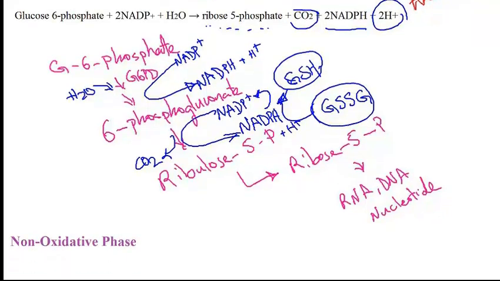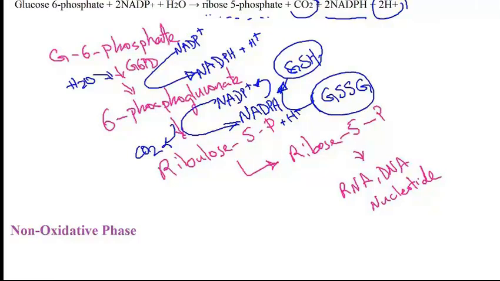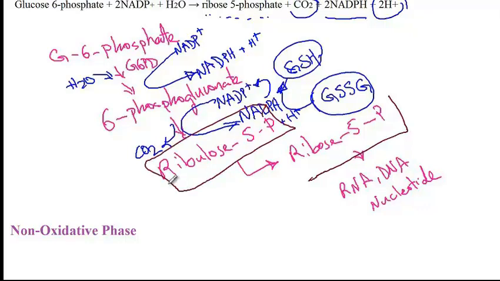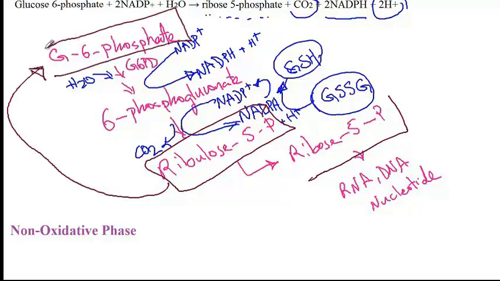Now, we also have a non-oxidative reaction which converts the pentose phosphate back into the hexose phosphate. So the ribulose 5-phosphate will be converted back into glucose 6-phosphate. And so this provides a mechanism to regenerate the initial molecule if too much product has been produced here.